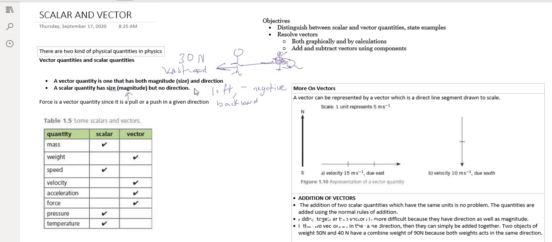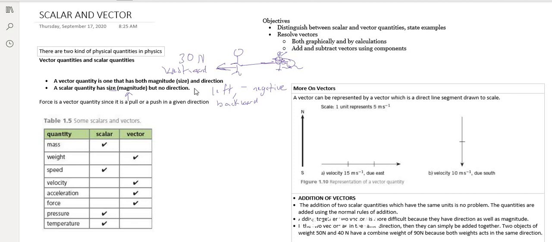Now here's a table that would help us understand which quantities are scalar quantities, vector quantities, and so forth. Whenever we take the mass of something, and generally we use a triple beam balance to measure mass, we don't get a direction.